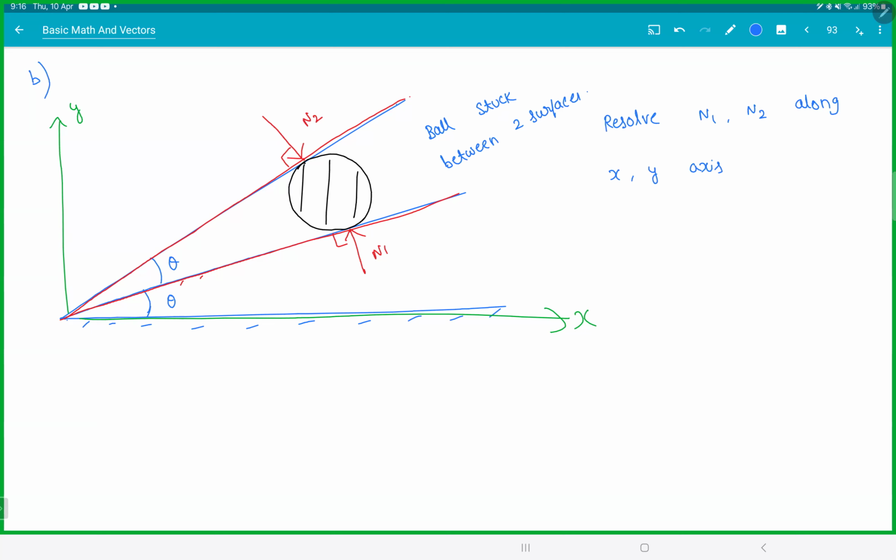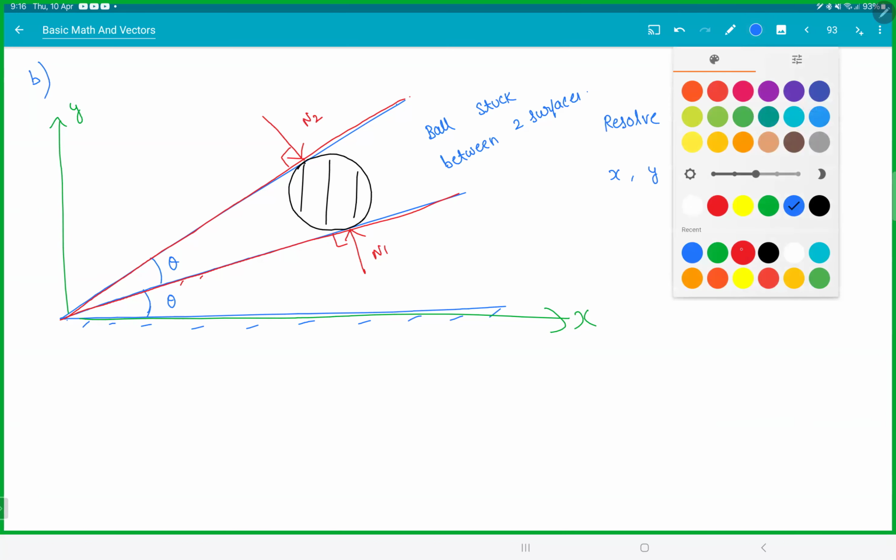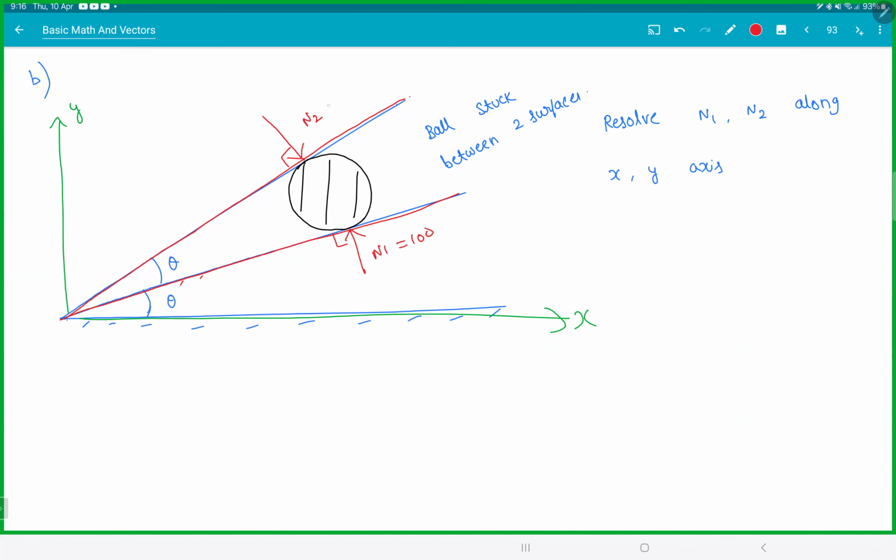The answer should be like N1 sin theta I cap and N2 cos 2 theta j cap. It could be anything like that. How do we resolve? Think for a minute. If you're confused, let's say N1 is 100 and N2 is 200. I'm asking you, find N1 and N2 in terms of I cap, J cap. Understood what I'm asking?